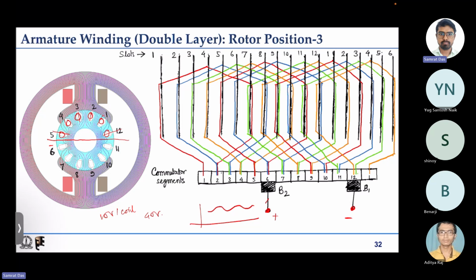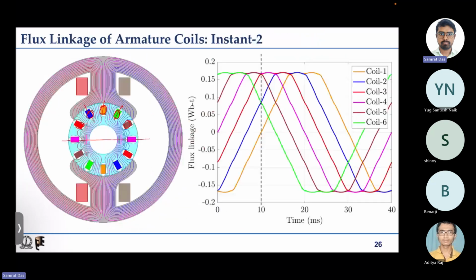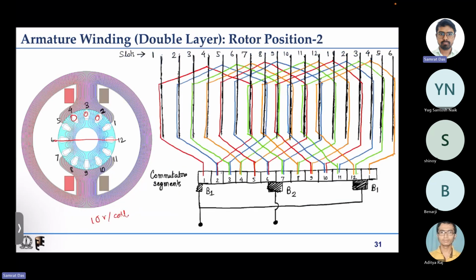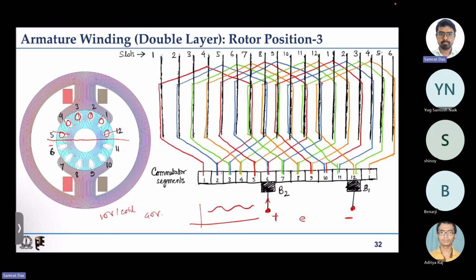If the machine is made to rotate and we measure this induced EMF, we will see that it is a reasonably constant quantity, which of course depends on the field excitation. The field excitation decides how much this flux will be, which we will discuss as we go forward. And that is how we understood the induced EMF is constant.